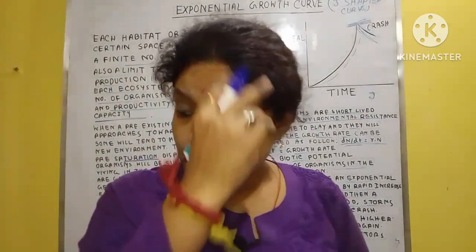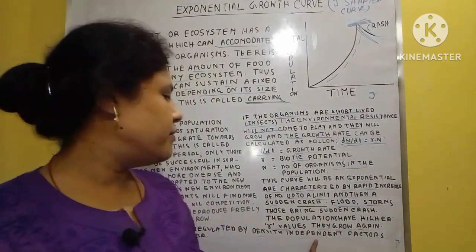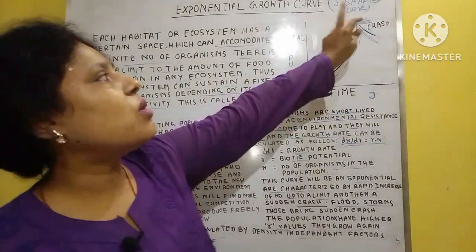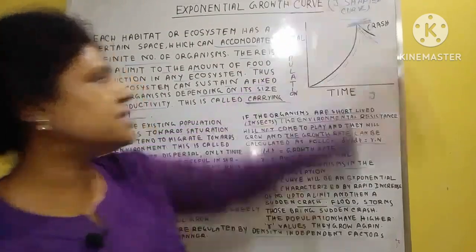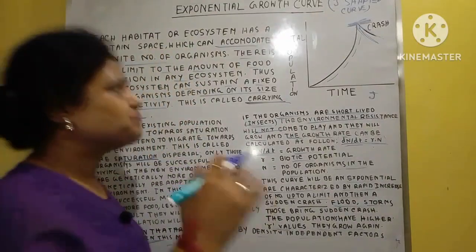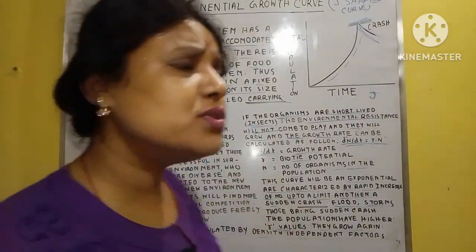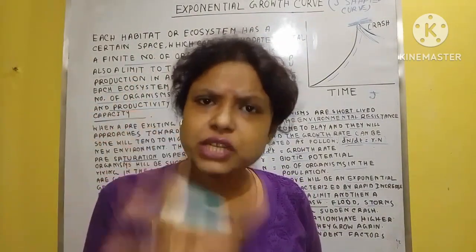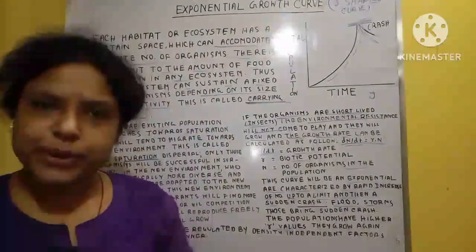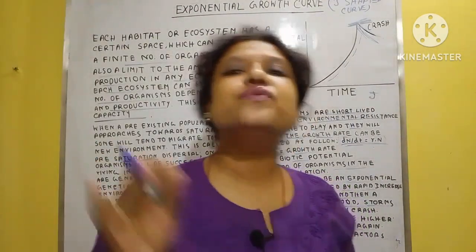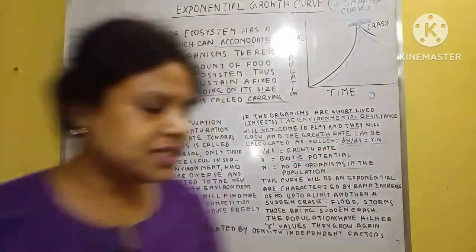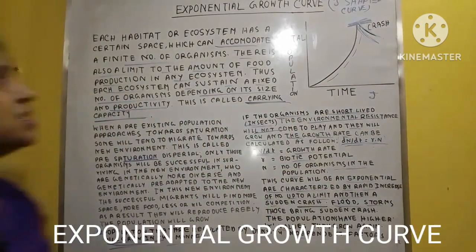If the population is totally dependent on the independent factors, it can grow exponentially, but this crash is obviously seen after a certain point, or after a certain time. At that time, individuals which have a very high r value can grow properly after the crash, but those with a very low r value cannot grow again in the same manner. Clear? So this is the exponential growth curve, or the J-shaped curve.